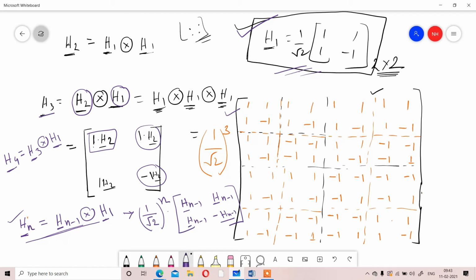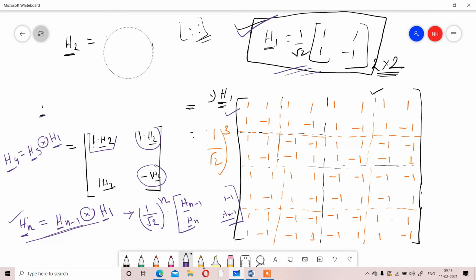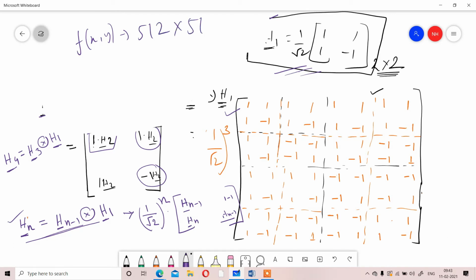Okay, so this is your Hadamard transformation matrix. Simply, if you have an image f(x,y) of size 512 cross 512, you need to do the frequency transformation using the Hadamard transformation matrix.